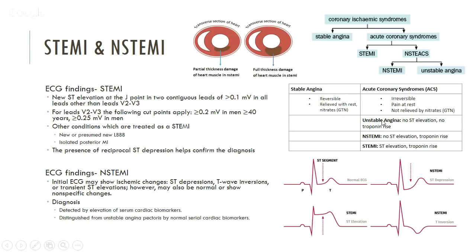That's where we get really worried. Then to differentiate unstable angina, NSTEMI, and STEMI, you look at troponins and the ECG. In unstable angina, there's no change in ECG and no troponin rise. NSTEMI and STEMI both have troponin rise, and only STEMI has ST elevation, and NSTEMI obviously has no ST elevation.